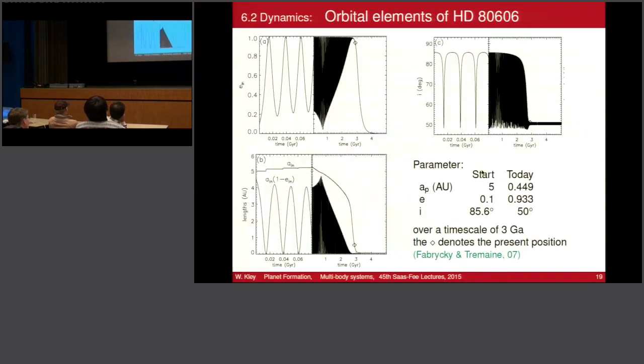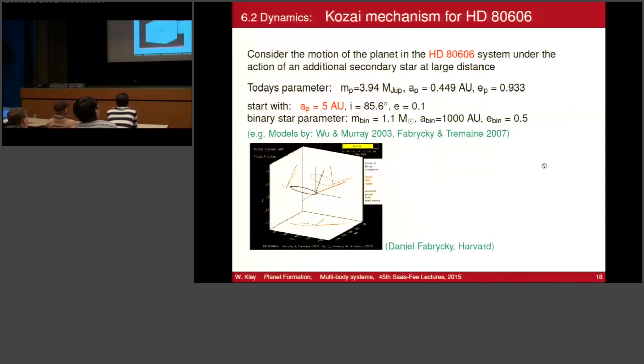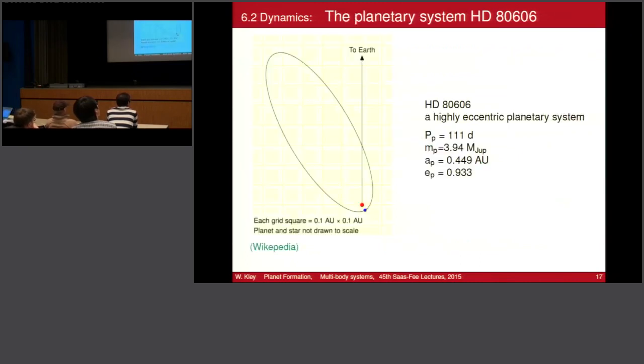Okay, period 111 days, mass, semi-major axis, eccentricity 0.93. This is, I think, the highest eccentricity. So people are always wondering, how does this system come about? How do you make it? Then they dug out this Kozai mechanism here. And here the idea is the following. Planets tend to migrate from outside in, and through this Kozai mechanism, they can obtain very high eccentricity.